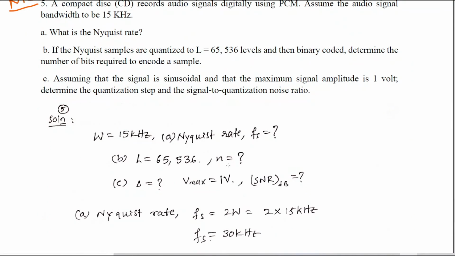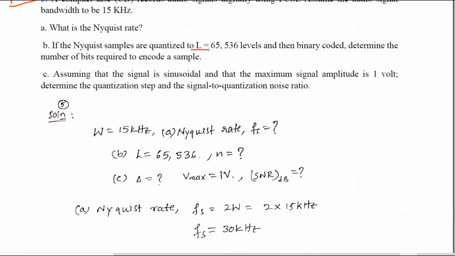What is Nyquist rate? The second part is, if the Nyquist samples are quantized to L is equal to 65,536 levels and then binary coded, determine the number of bits required to encode a sample, that is N. We need to calculate Nyquist rate Fs or sampling frequency.